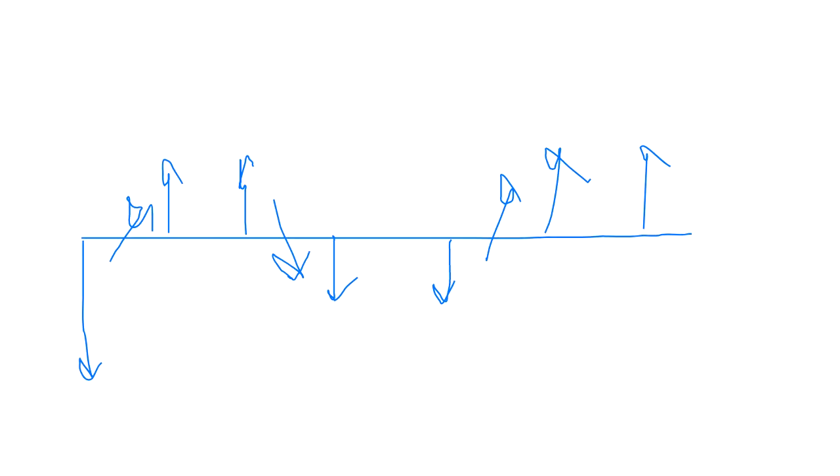Why? Because in that case, the net present value plot can be decreasing first. Then because of the negative cash flows here, it can be increasing again. Then because of the positive cash flows here, it can be decreasing again.